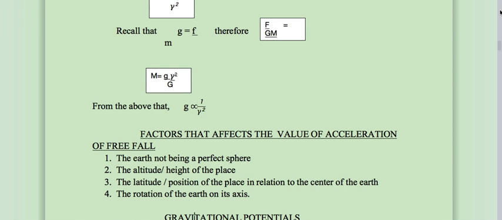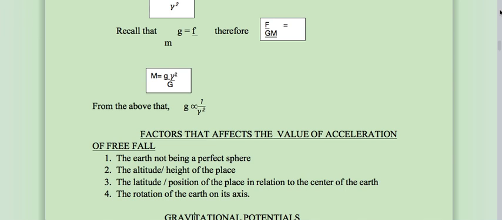Number one, the Earth is not a perfect sphere. In geography, we call the shape of the Earth geoid, G-E-O-I-D. Why? Because it's not a sphere. It's not round. It's not a circle. So, since it's not a perfect sphere, the weight will vary from place to place, or the value of the acceleration of free fall will vary.